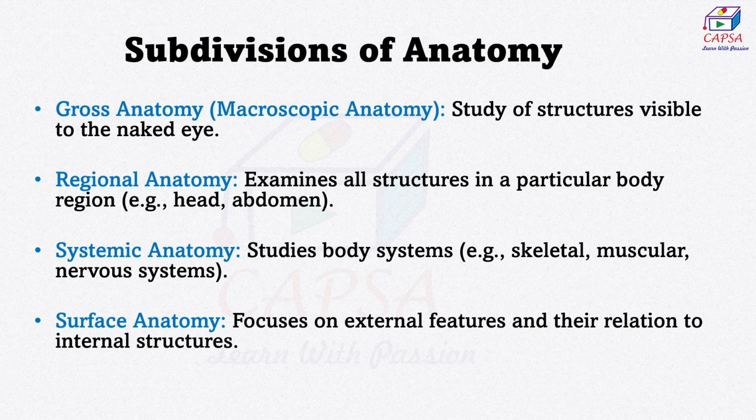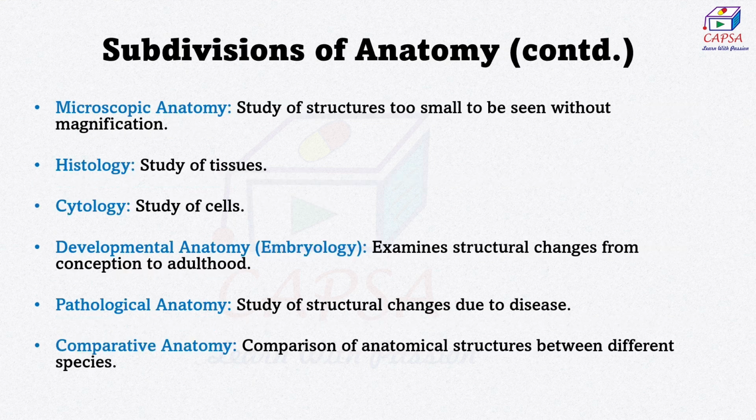In contrast, systemic anatomy delves into the study of individual body systems like the skeletal, muscular, or nervous system. Lastly, surface anatomy is concerned with the external features of the body and their correlation to internal structures.